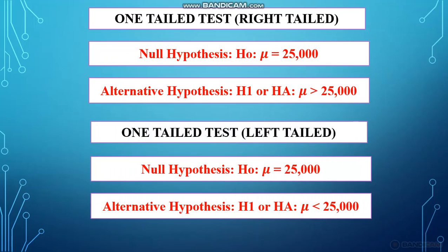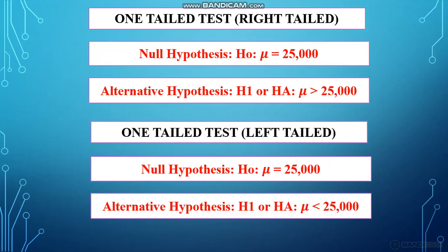If mu is less than 25,000, then it is a one tail test and a left tail test. So less than means left tail test, and more than means right tail test. These are examples of one tail tests.